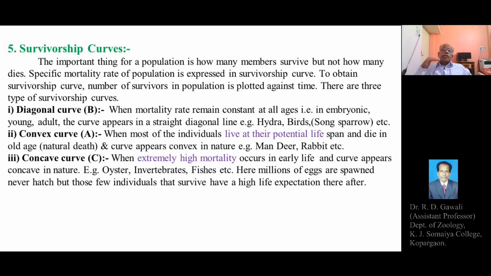Thus the survivorship curve is concave because of the extremely high mortality rate in the early life stage of the population.